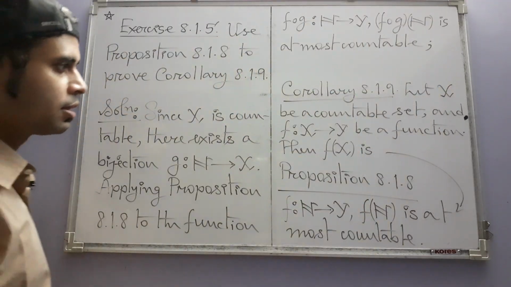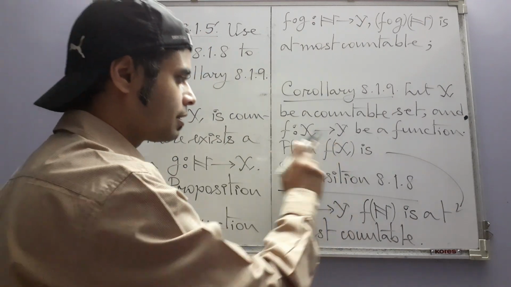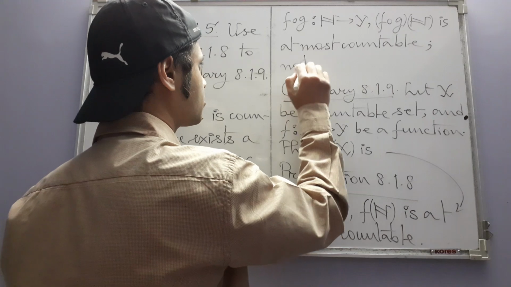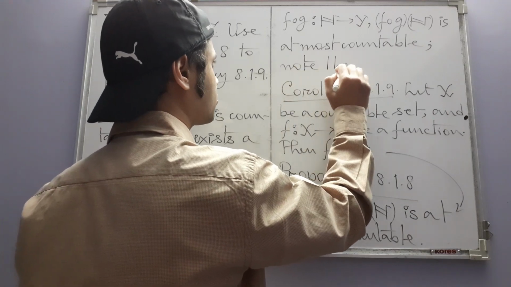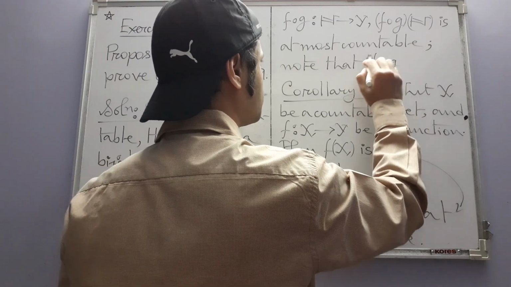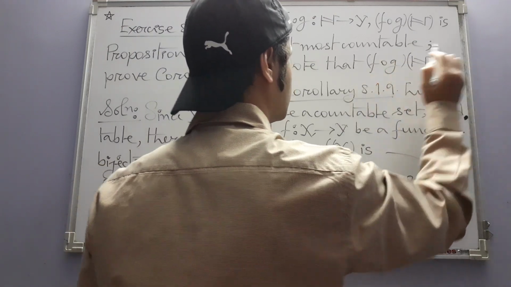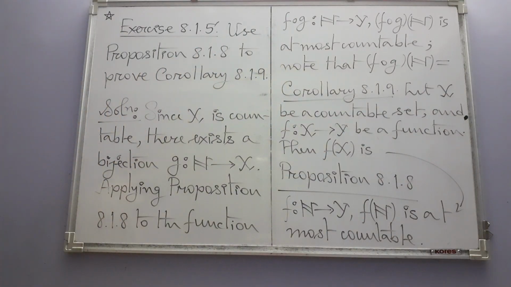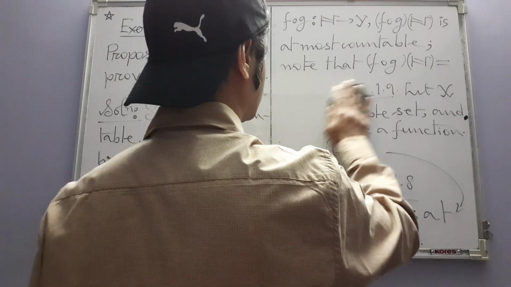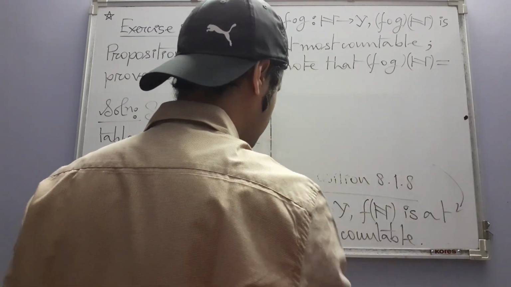And we now just need to note that this set is nothing but f of X itself. f composition g of N is equal to f of g of N by definition of composition.